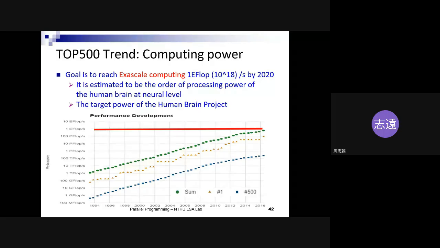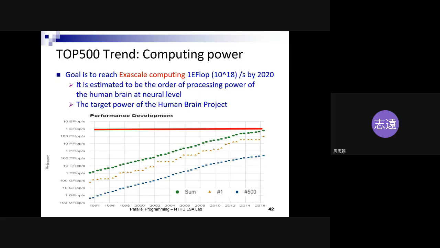So if you can achieve that, that means you are doing exascale computing. When we say exascale, basically we are referring to the dream or the goal to reach that level of computation.